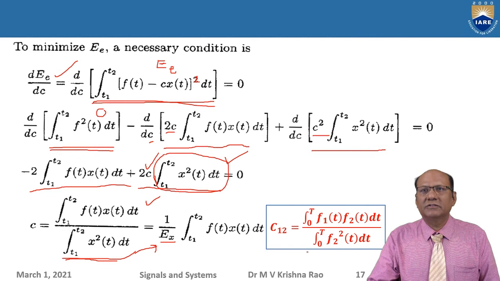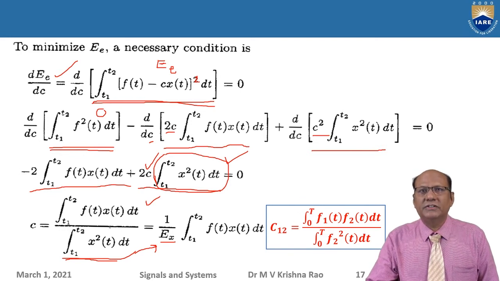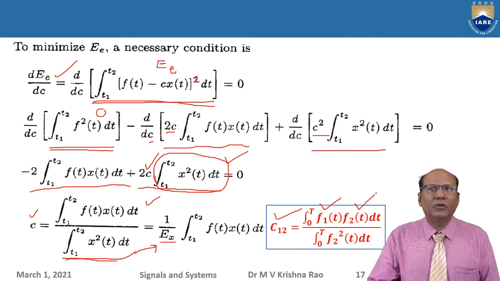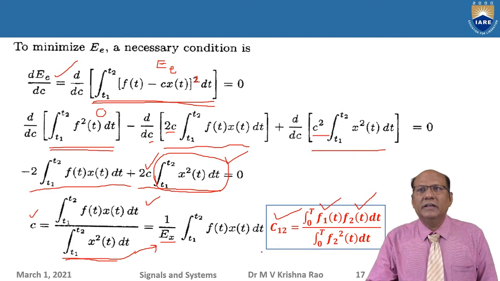So that is what I have separately written here. This small c, I am writing here as C12, and the first function f, I am writing as f1 of t. The second function x of t, I am writing as f2 of t. So here x square means f2 square.